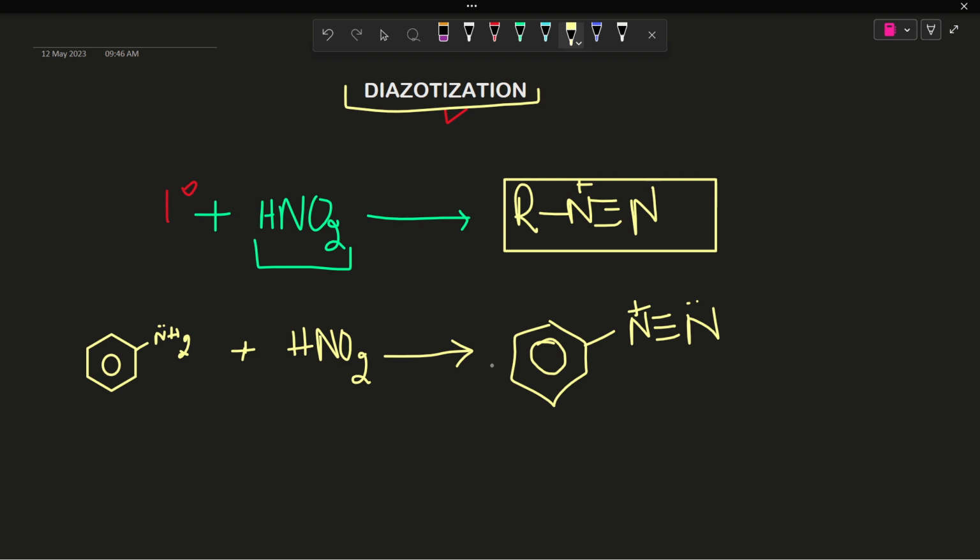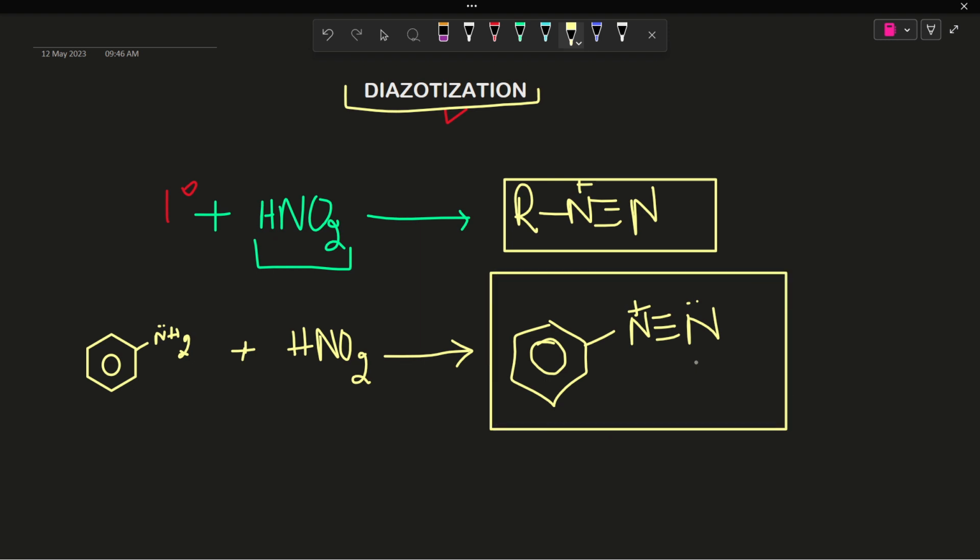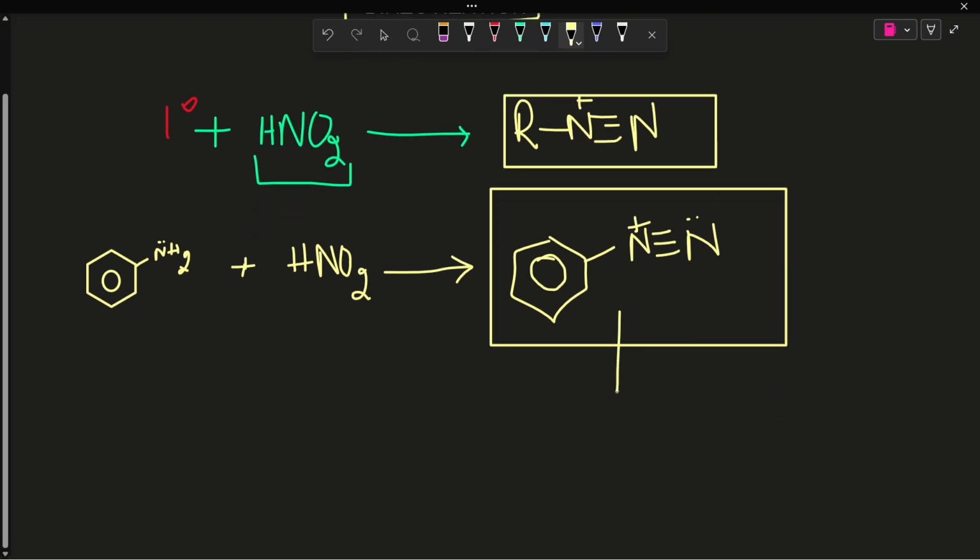These aryl compounds which are formed as a result of diazotization can be taken through different processes by which we can produce different compounds.